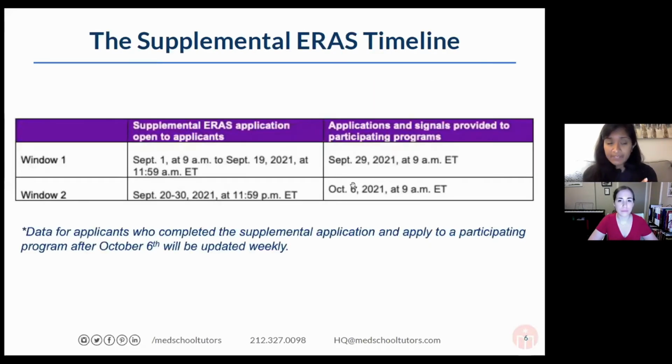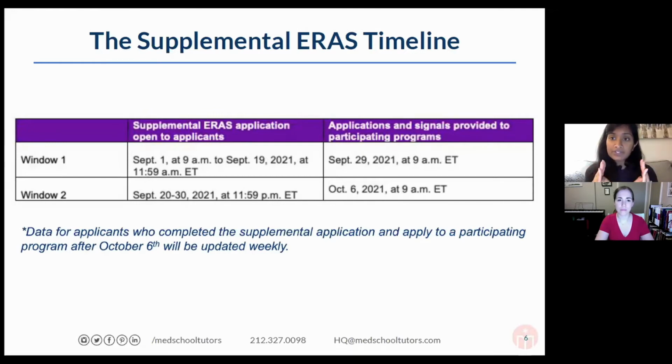The timeline for this is a little bit different. As you know from your regular ERAS, this has a somewhat separate timeline. There are 2 windows during which they're released in batches. Similar to the normal ERAS one, September 1st through September 19th.